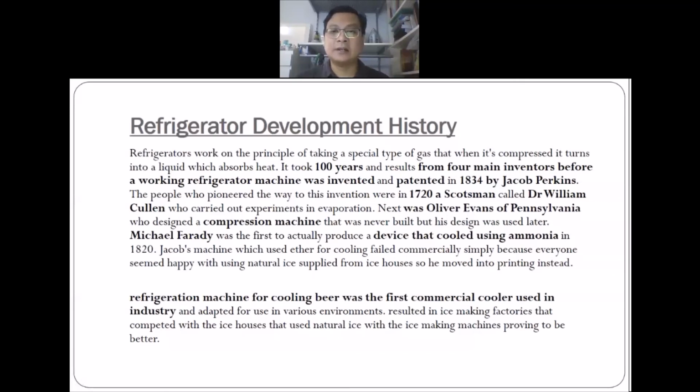Next, Oliver Evans from Pennsylvania, using a compression machine. So this one is already using mechanical work. Okay, that's all for introducing the refrigeration system and history.